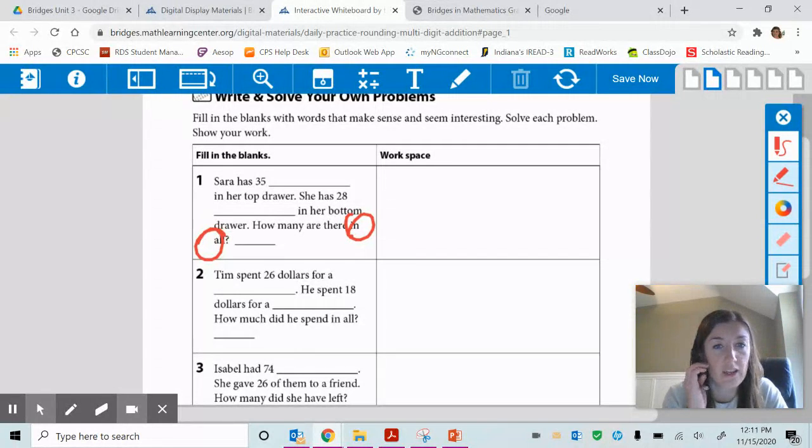So we have to think, okay, 35, let's say she has 35 socks in her top drawer. And she has 28 pairs of shorts in her bottom drawer.